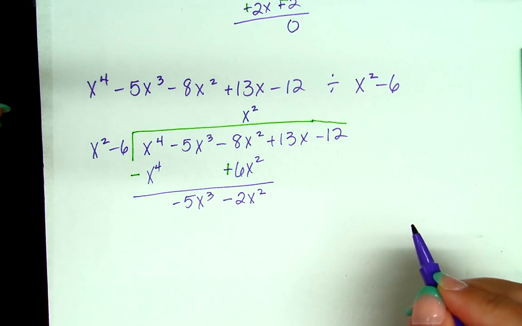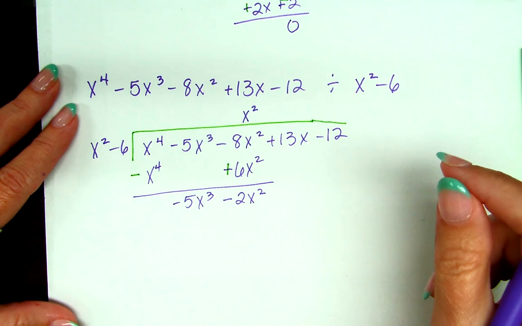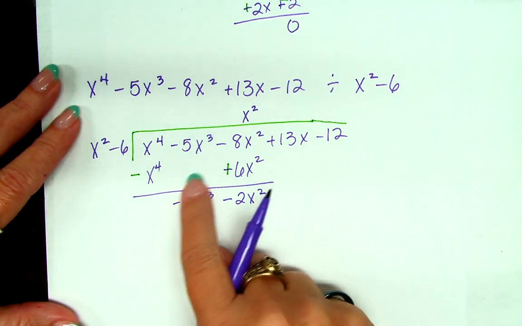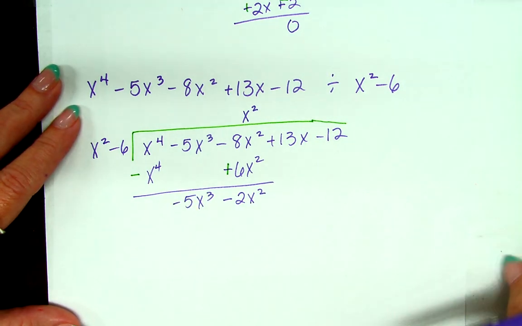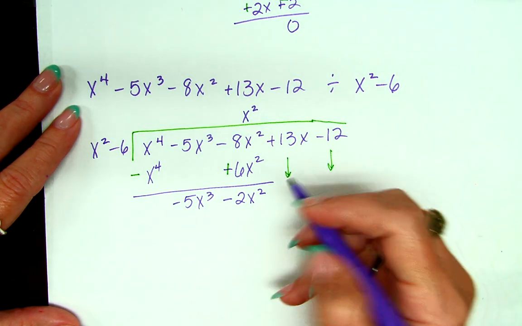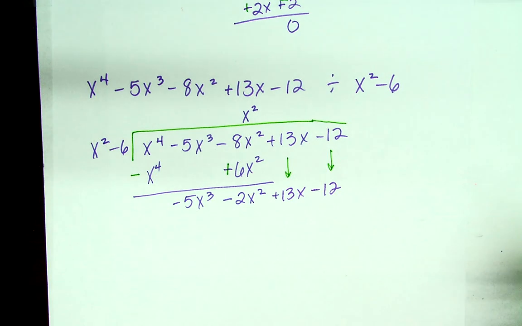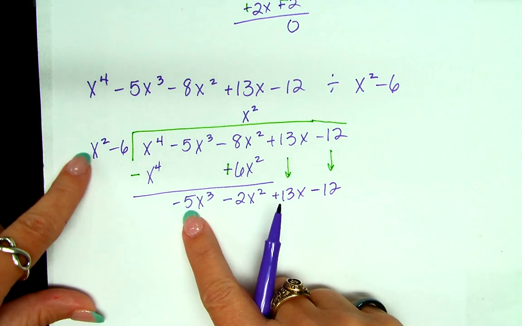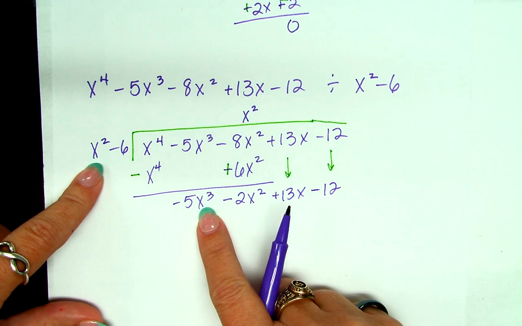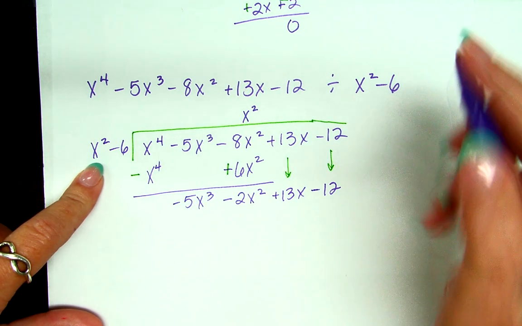Do I need to bring something down? I already have 2 terms here. Before I only had 1. I do, right? I do need it, because you know what's going to happen. There's going to be an empty space, right? So do you see why sometimes I bring everything down? Okay. It's not going to hurt anyways. Now start over. Negative 5x to the 3rd divided by x squared equals negative 5x, right?